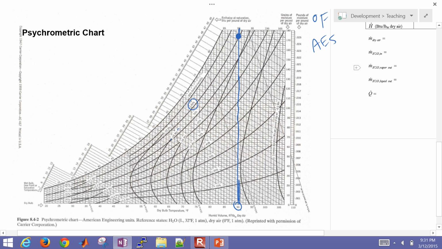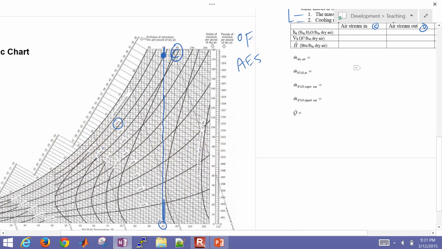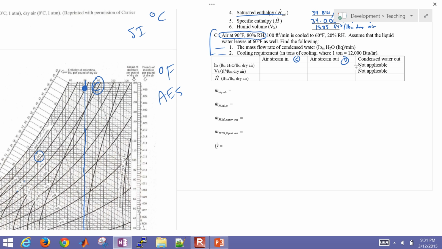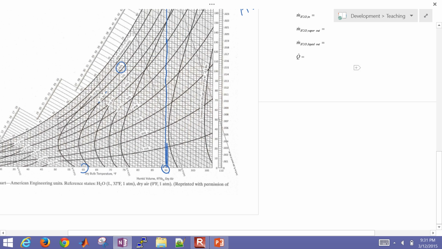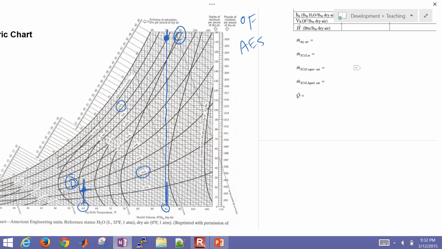That's my point C. My next point, point D, is the air coming out. It's cooled to 60 degrees Fahrenheit and 20% relative humidity. So let's go find that. I've got my 60 and then my 20. 60 is about right here, and 20 is right there, so that's going to be point D.